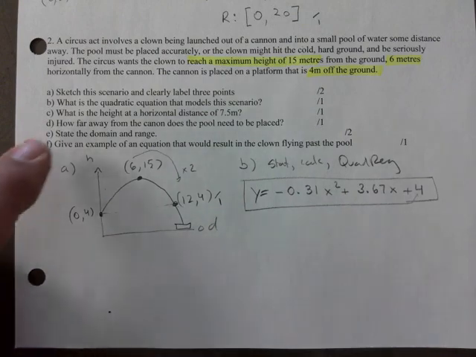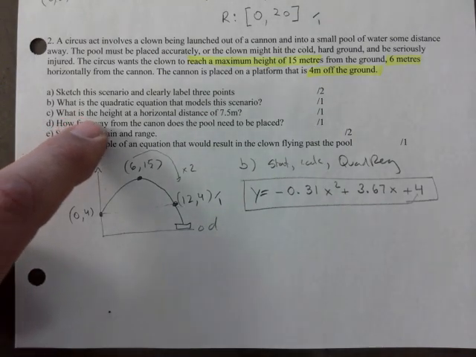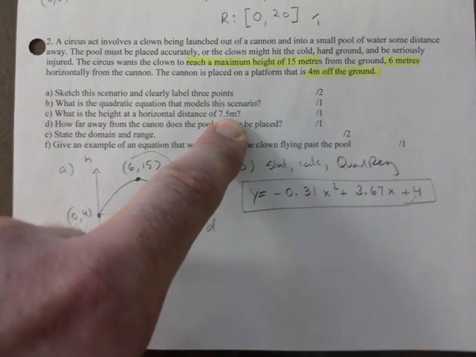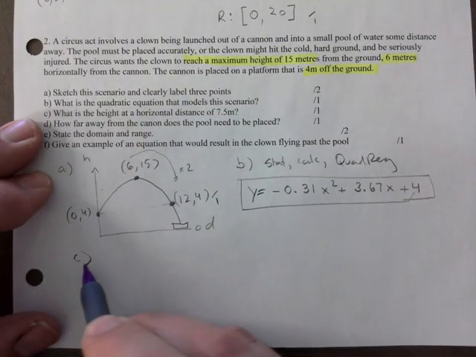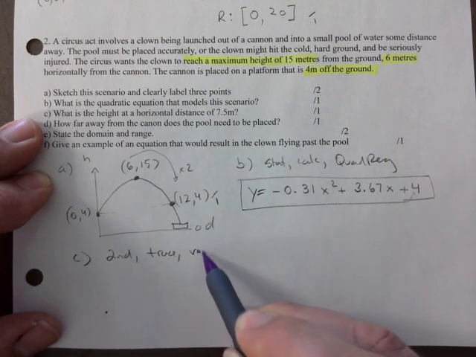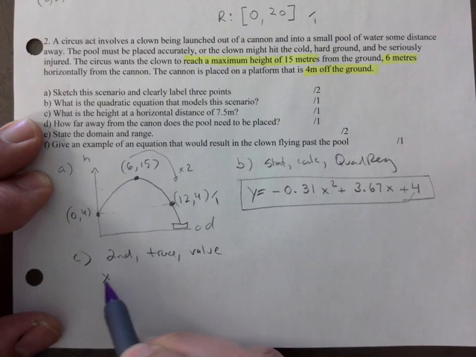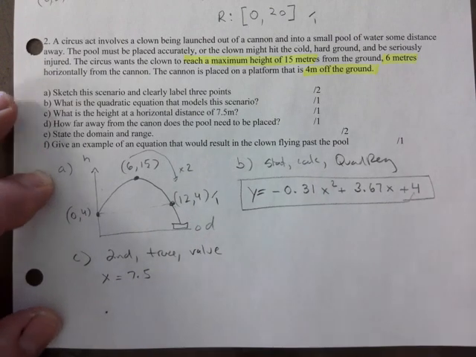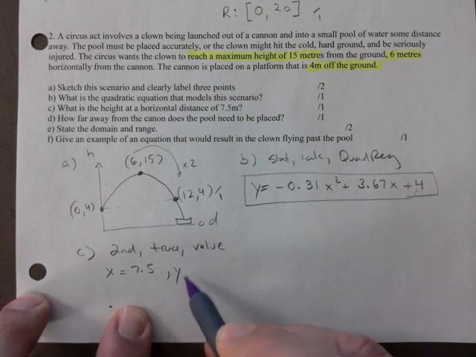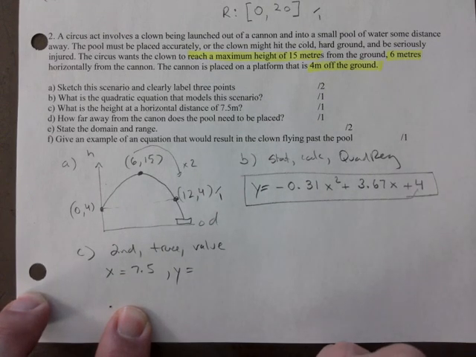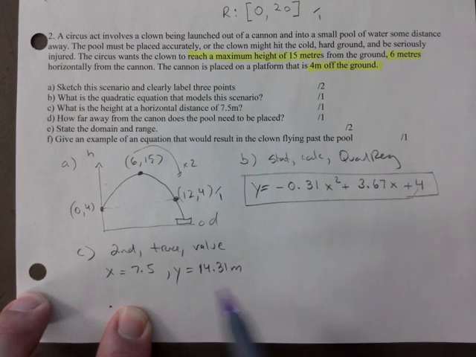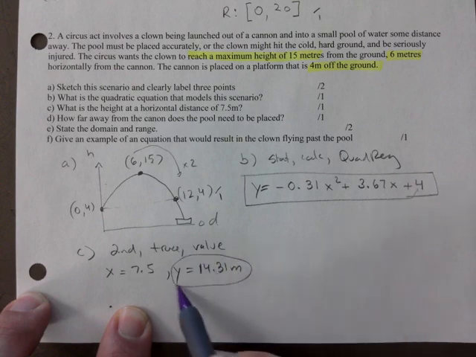We're good. Now C, what is the height at a horizontal distance of 7.5, right? So basically for C, I need to use second trace value, and then I will let x equal 7.5 because they tell me the horizontal distance represents my x variable. So I need to find the y. And that would be 14.31 meters. You got to make sure that one has units attached to it.